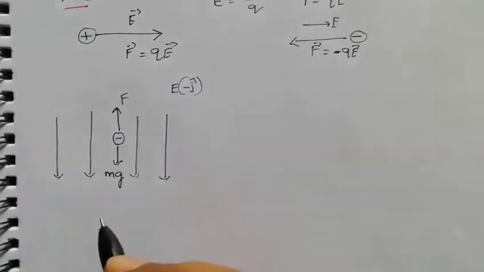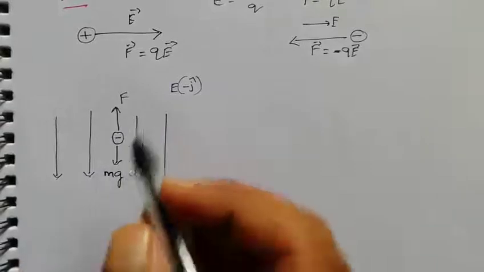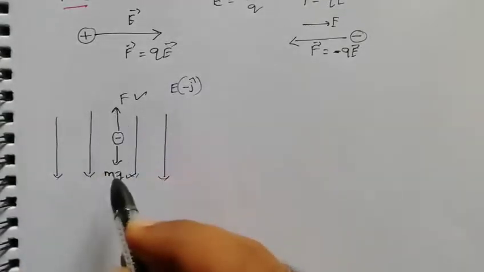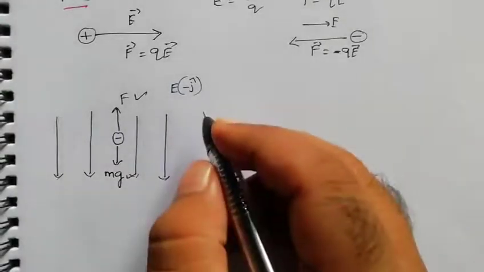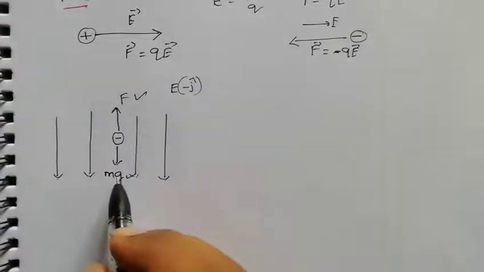Means there is a possibility to hold this particle stationary. When this force F becomes equal to mg, the particle will become stationary. That's one case.